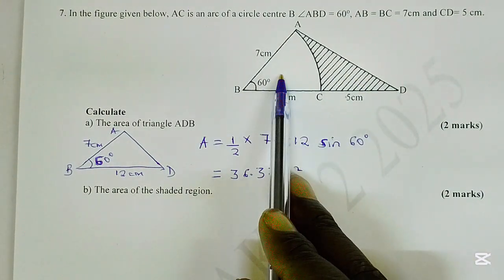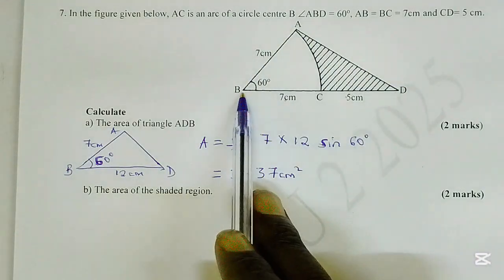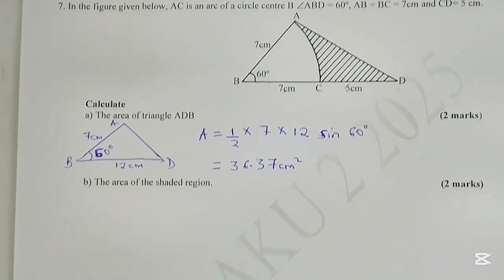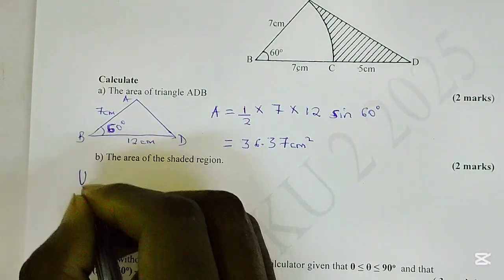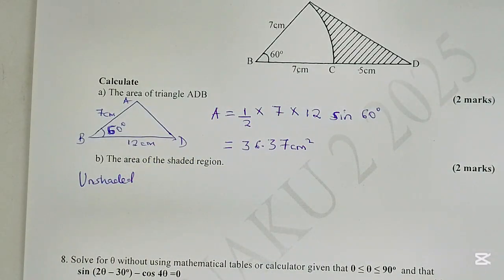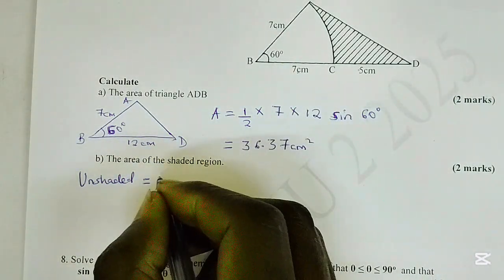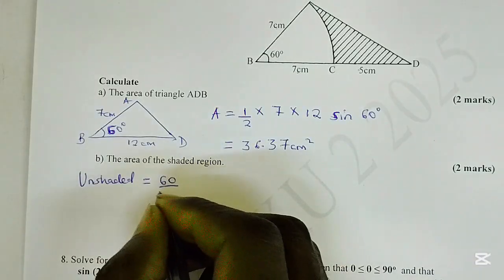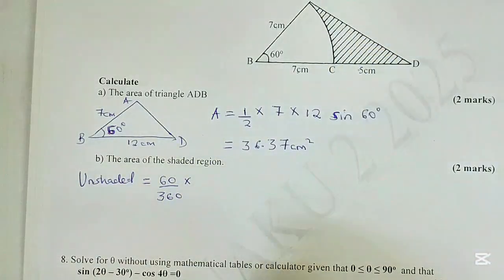Next, the area of the shaded region, this region that is shaded here. So we need to find the area of the unshaded region, then subtract from the area of the triangle ADB. Now the unshaded region is a sector. So we're going to take theta, which is 60, over 360, multiply with pi r squared.